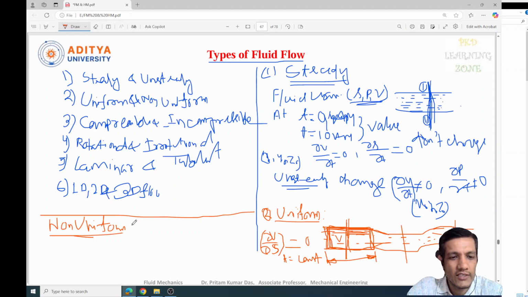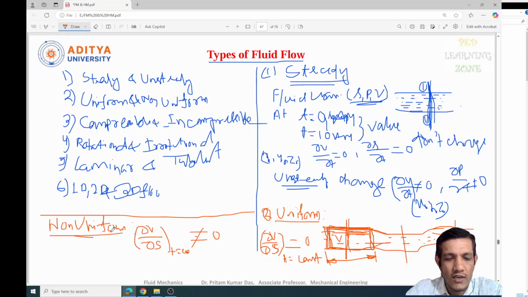For non-uniform flow the velocity will not be constant with respect to space. So what we can write is: del V with respect to del S at constant time t is not equal to 0.